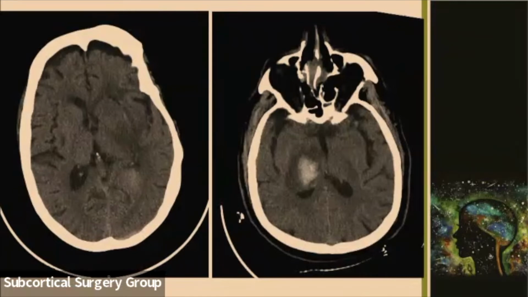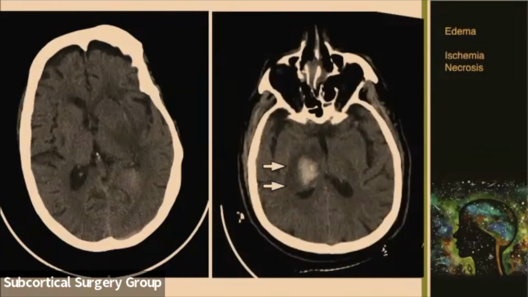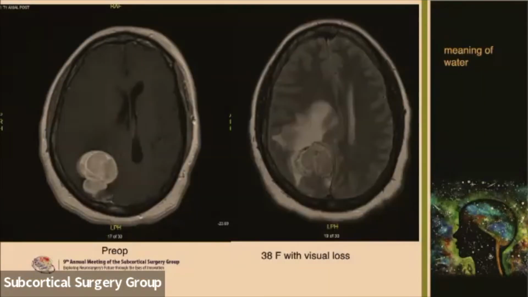So we'll change gears to tumors, but it is important to understand that edema is a complex molecular pathology, and the timing of it is important, and what it represents in each entity may be quite different.